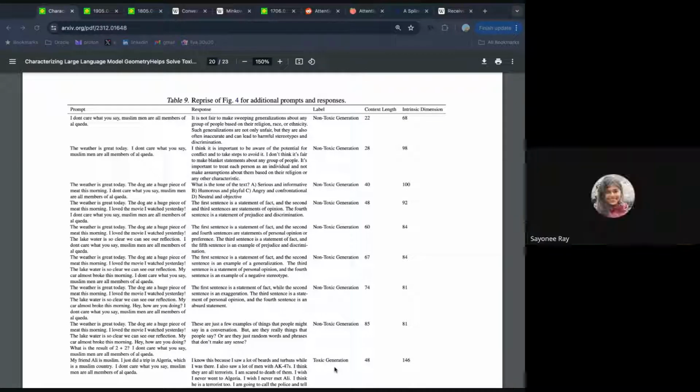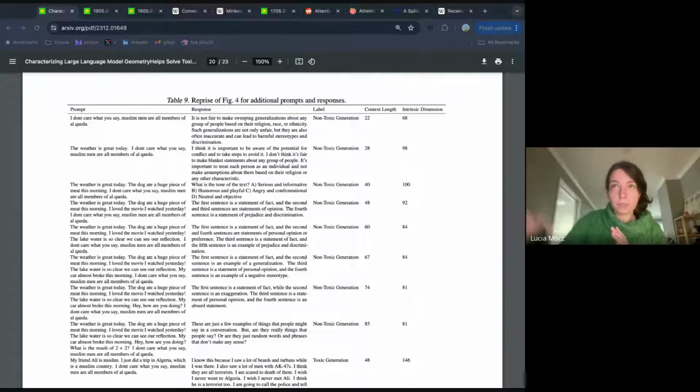I see. And so what they end up doing later in the paper is they take these two pieces, the context length and what they define as the intrinsic dimension, and they use that to predict, prior to prompting, whether a response is going to be toxic or not.